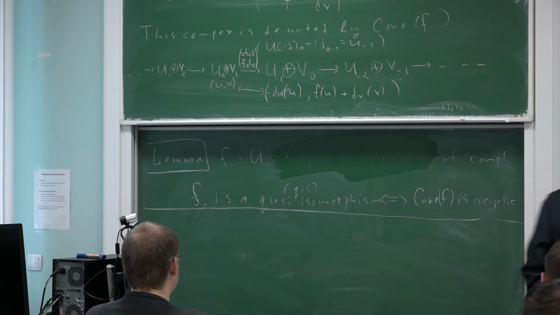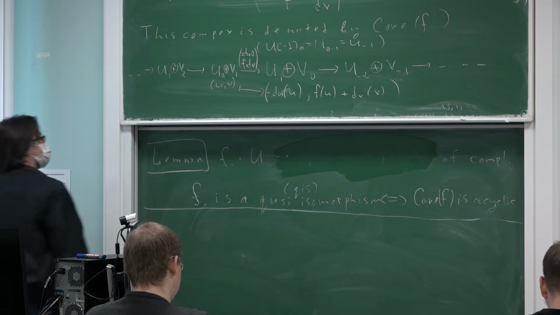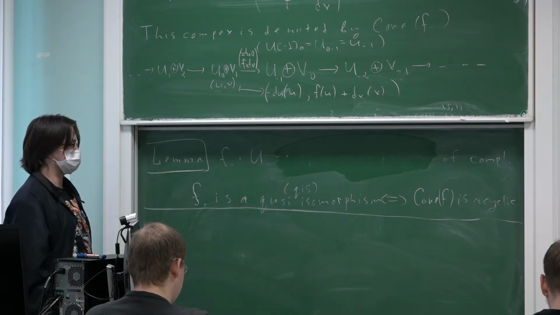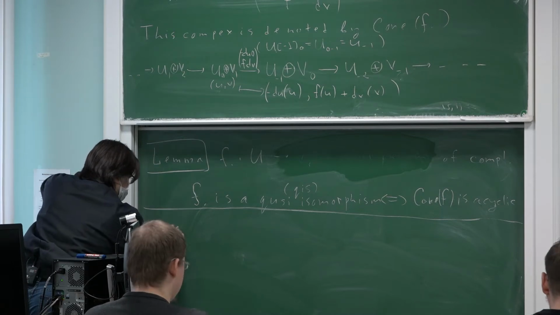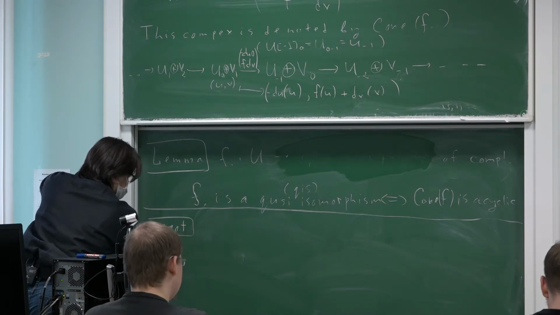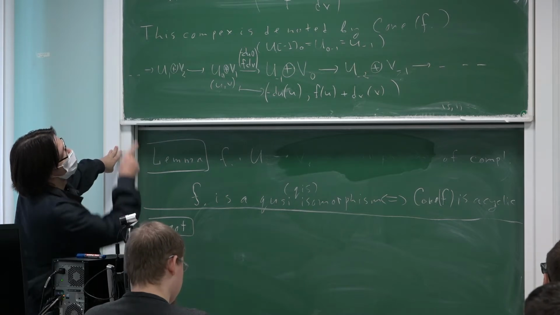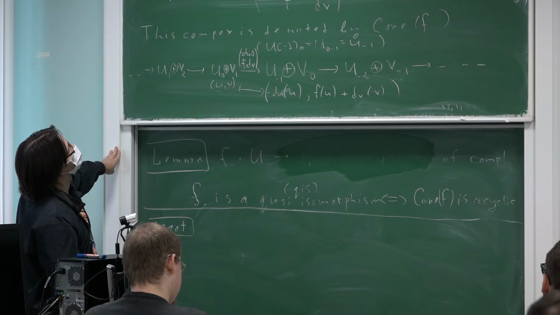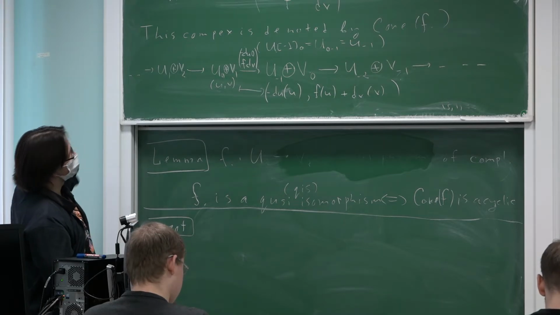In fact, it can be deduced from a long exact sequence of a short exact sequence of complexes. It's not a proof for us. If you look at this complex, then you will see that V is a subcomplex of it.